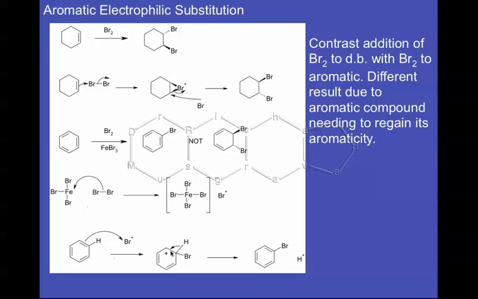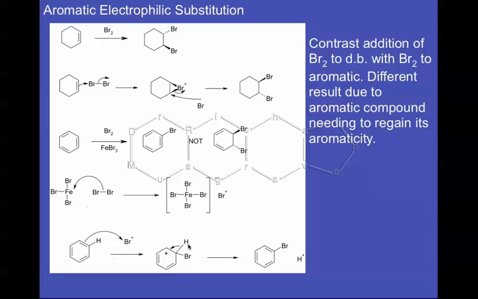Now at this point you might be wondering, why doesn't a Br negative or something negative come in and attack this positive charge? Well, what happens is that we now have a non-aromatic compound. Now this compound is non-aromatic because it's not conjugated. It goes single, double, single, double, single, single. So we don't have an aromatic system here anymore.